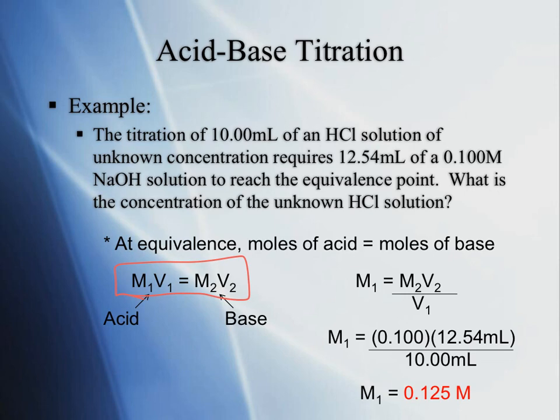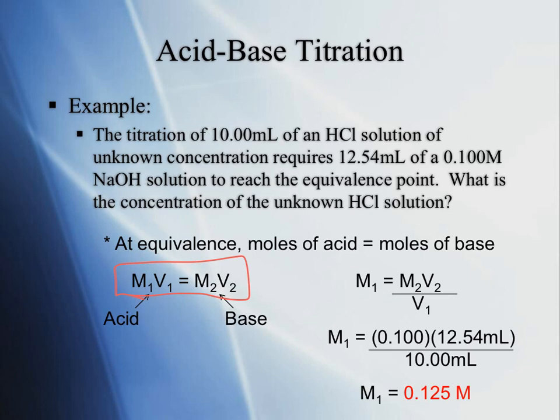So we're talking about dilution chemistry, where we have a concentrated acid and we want to dilute it to a less concentrated acid. So we use this equation, and we figure out what volume of acid we need and what volume of water in order to make it a less concentrated acid.